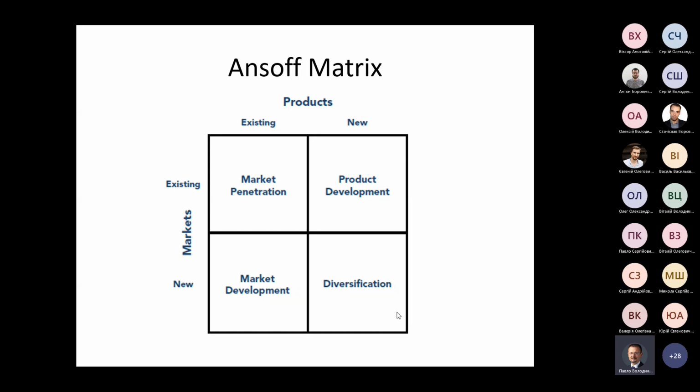And speaking a little bit forward, all your companies are diversified companies. So all your companies have a diversification strategy. So with the help of this matrix, you have to show the history of becoming a diversified company.